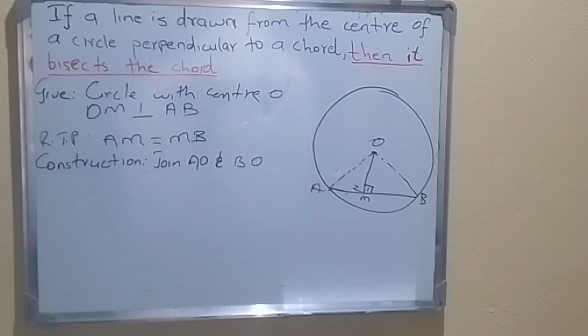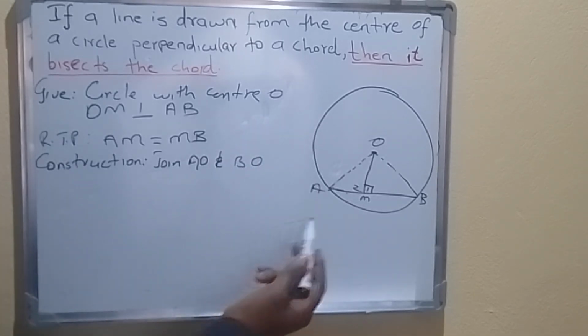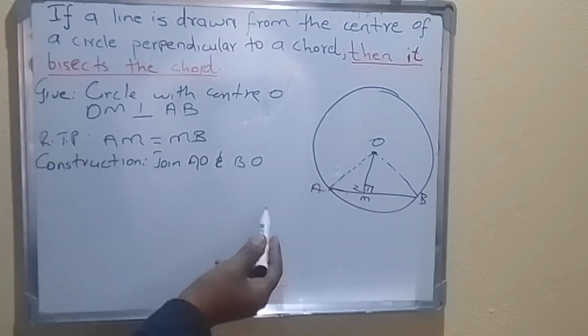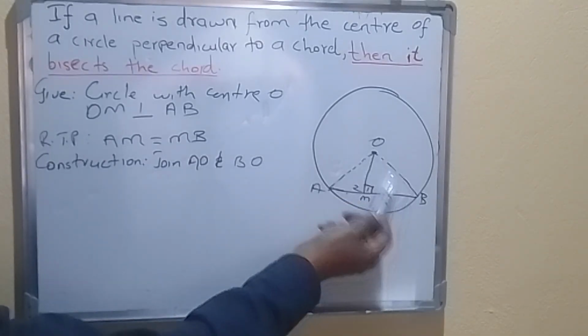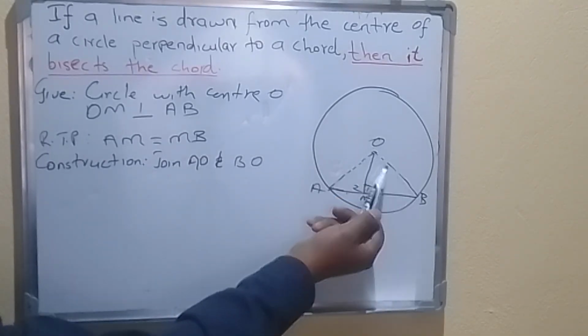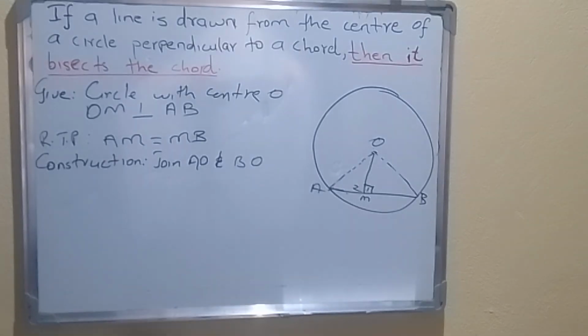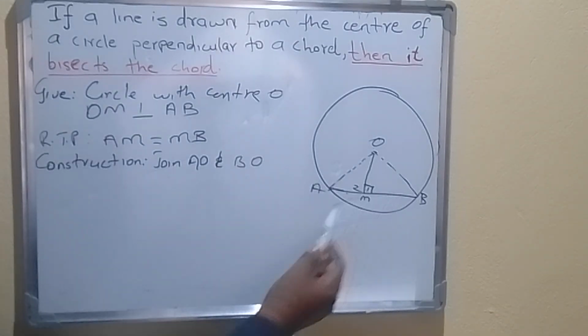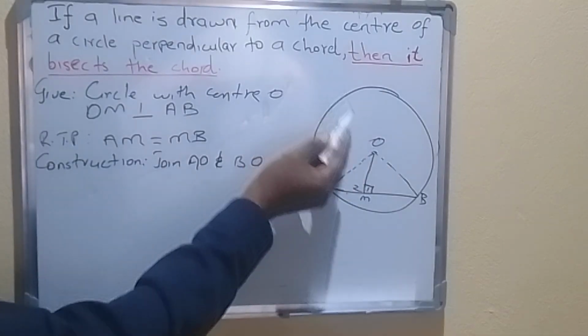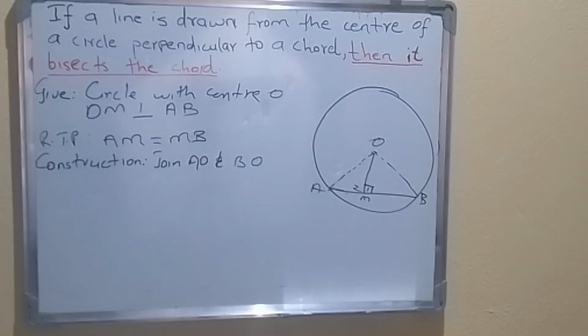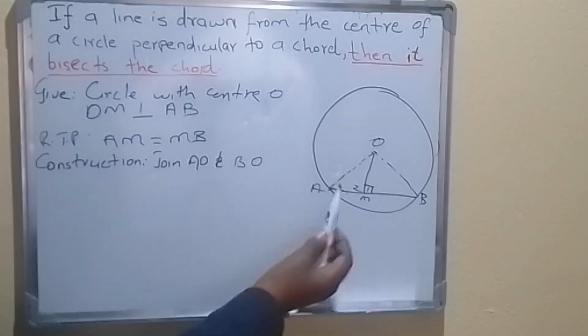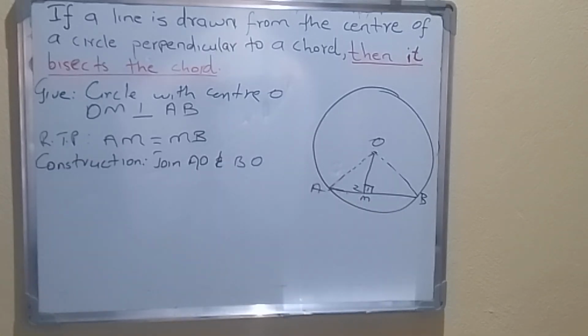And remember, when we're doing that, we're not just drawing any line. We are joining these two points so that the lines can help us achieve our goal, which is to prove that AM is equal to MB.